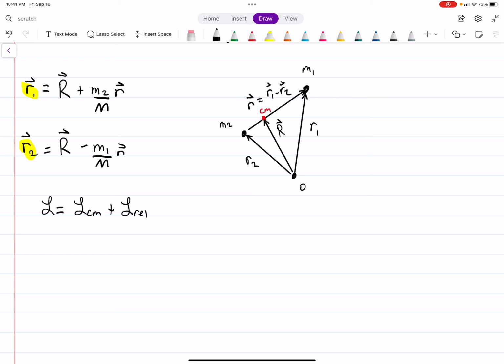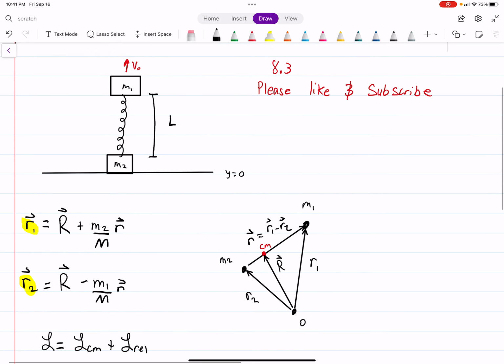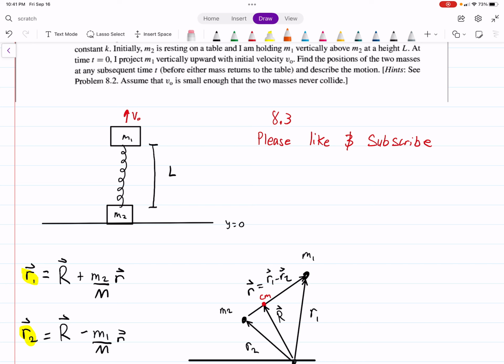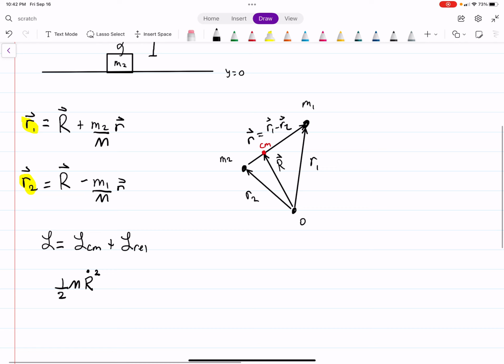So if I think just about the center of mass, it's going to have a kinetic energy 1/2 M R dot squared, because as you throw this spring up, the center of mass is going to be moving. And the potential energy, we'll just say M g R, since that's the distance from the origin to the center of mass. That's like your height. The total mass M, and then of course g, the gravitational constant. So that's for the center of mass.